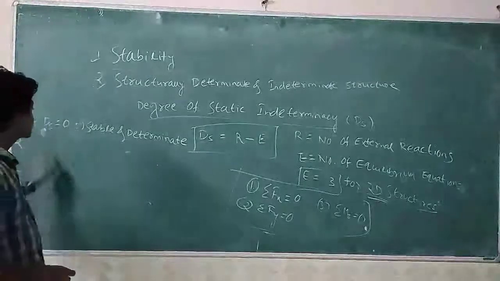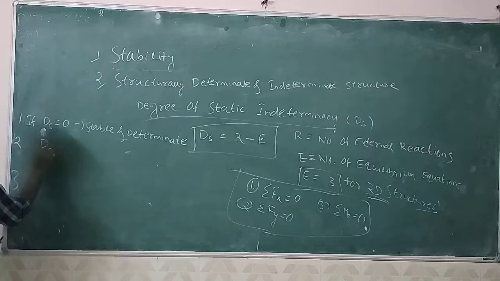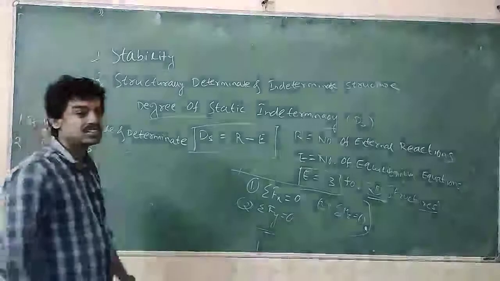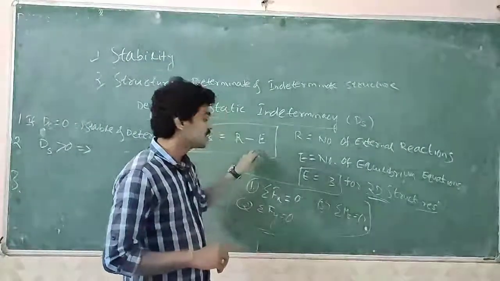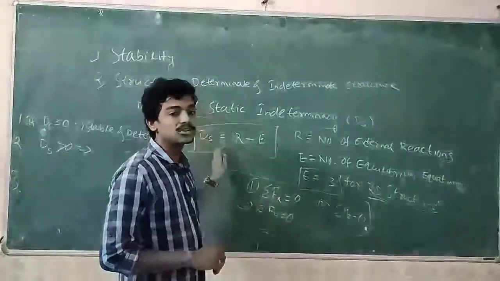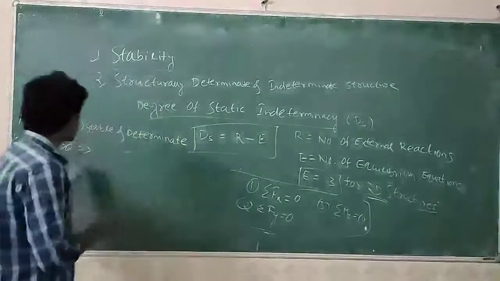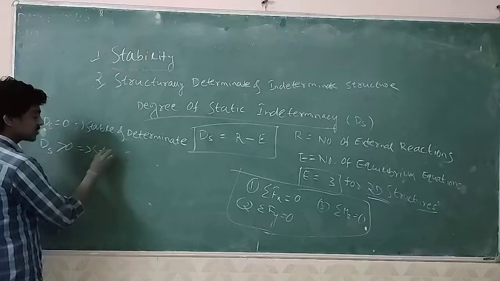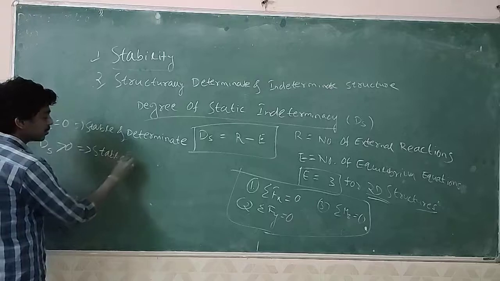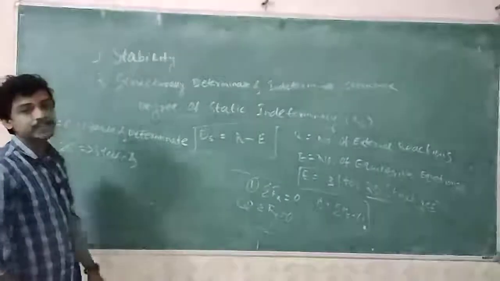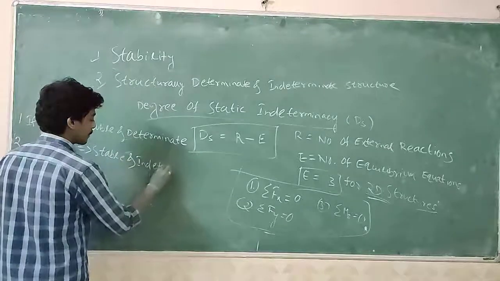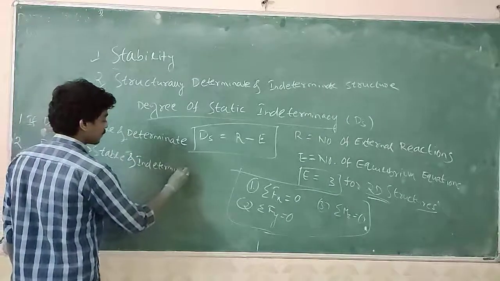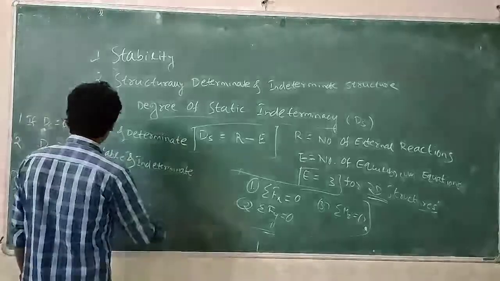Okay. In the second case, if ds is greater than 0, then what will happen? If our R value is more than E, only then ds will be positive. So in that case, the structure will be stable but it becomes an indeterminate structure.